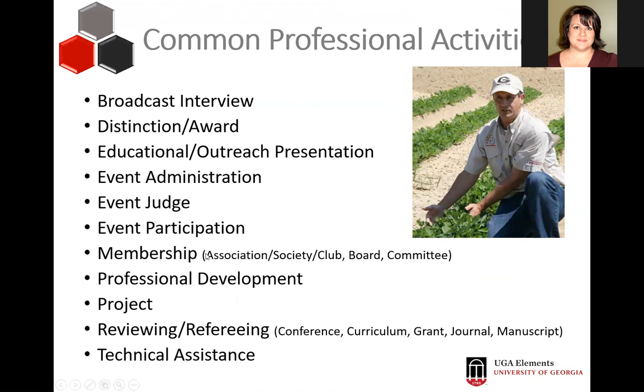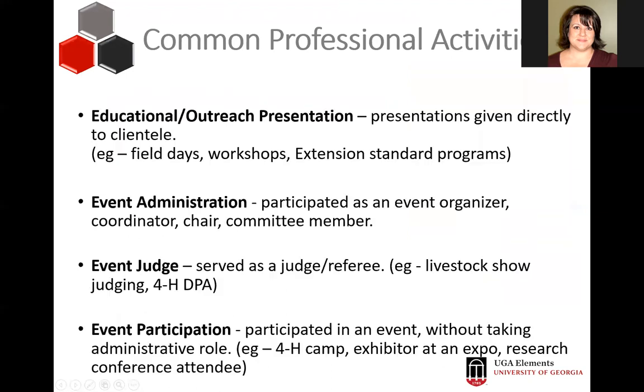So it'll say membership: board, membership: committee. And then the same thing with reviewing, refereeing. You've got these different types, but everything else is pretty straightforward. So let's dig into these a little bit.